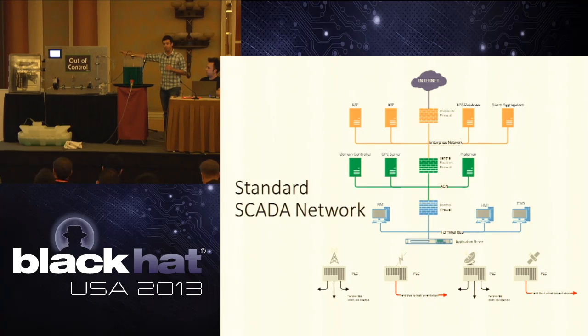And there are all different types of mediums that you use to connect that PLC up to the terminal bus, is what they call it. So that's how you get that data from the PLCs out in the field to the HMIs back at the control center. We showed some graphics here, but it can be anything from 900 megahertz radio, microwave links, and of course, our favorite, a regular old cell modem that's given a public IP address.